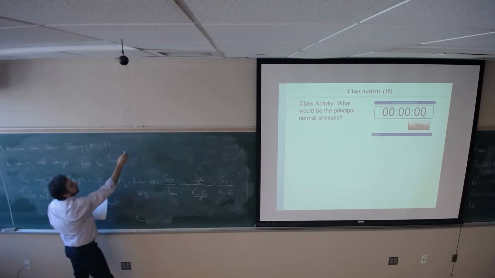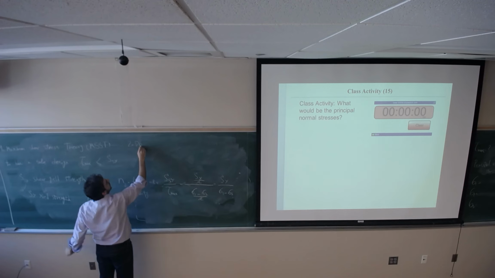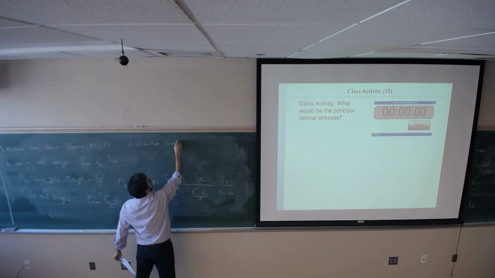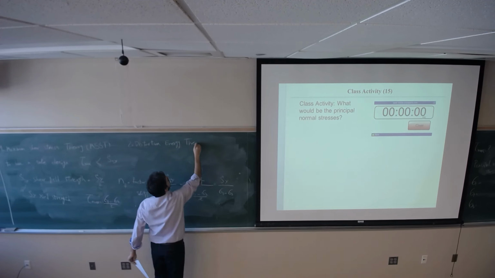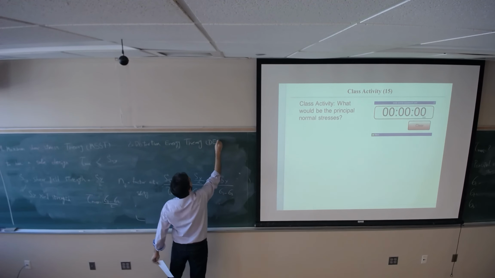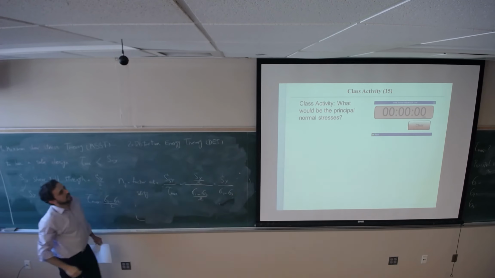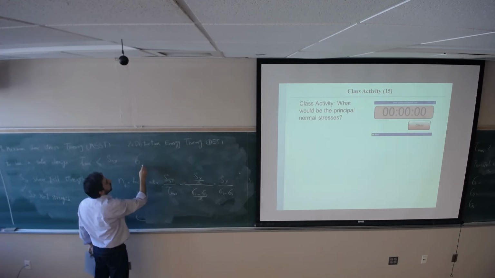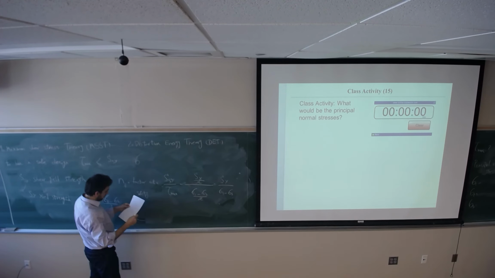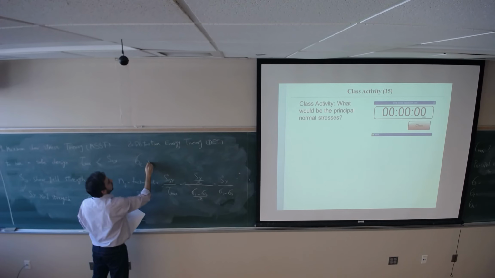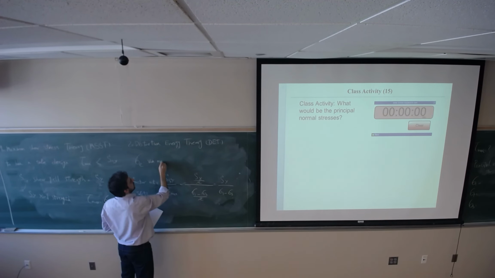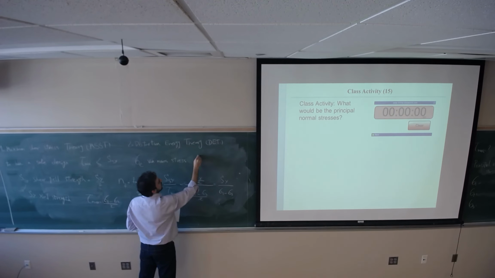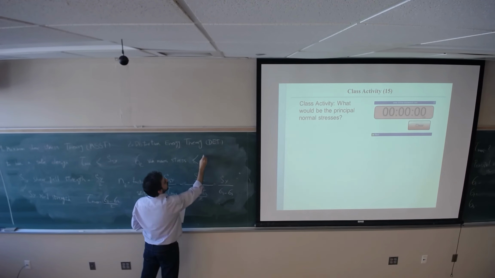The second theory, we call it distortion energy theory, DET. The distortion energy theory says if you want to have a safe design, the von Mises stress, which I will define, should be less than or equal to SY.